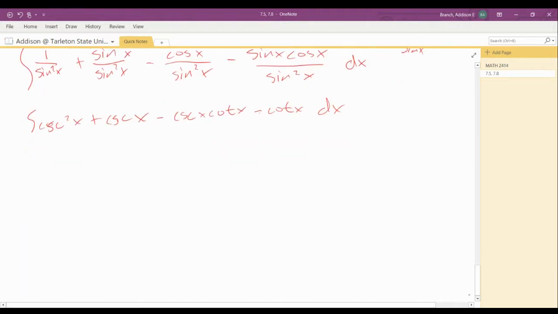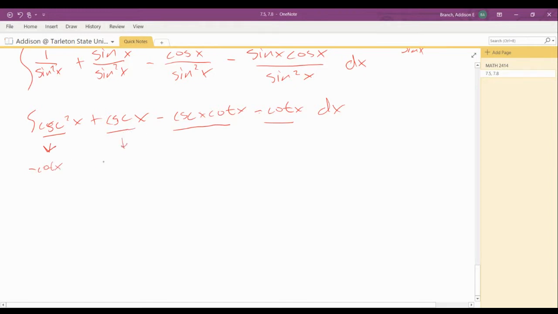Now at this point, you can go look at the formula chart in your book, and you can see that all 4 of these pieces have a formula associated with them. So just for time's sake, I'm just going to write out the final answer. Cosecant squared would go to negative cotangent of x.